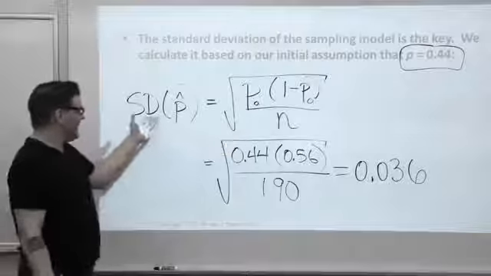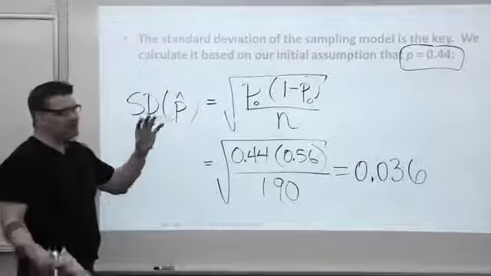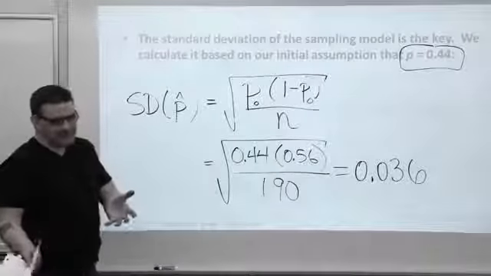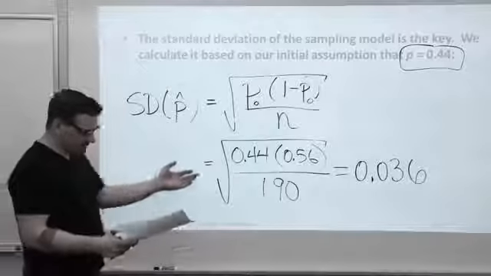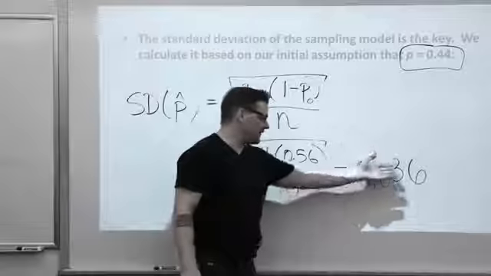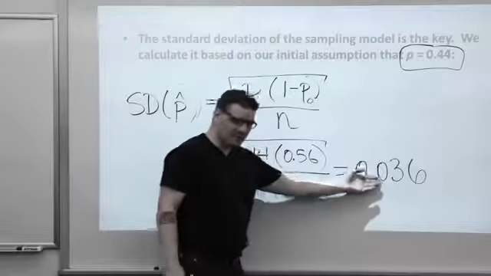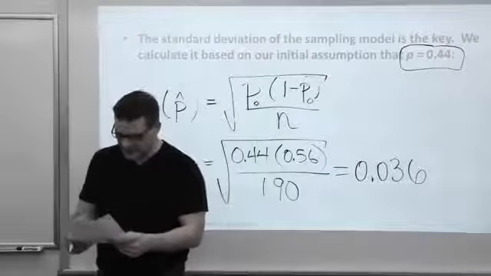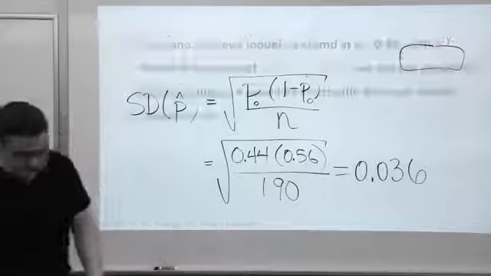That's the standard deviation of p-hat under the assumption that the null hypothesis is true. When we compare the data to the hypothesized value, it's in terms of this number right here. All right, flip the slide.